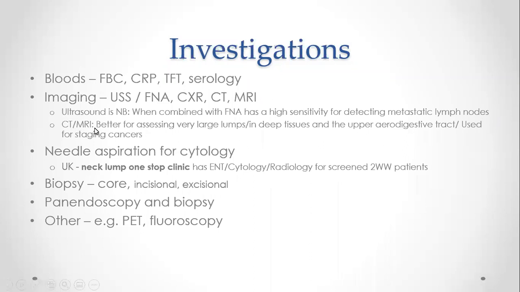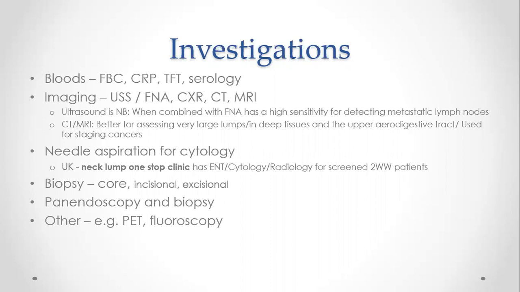So usually for neck swellings, we check with the MRI scan of the neck, because MRI of the neck is very good for the soft tissue in the deep tissues, and especially in the upper aerodigestive tract.